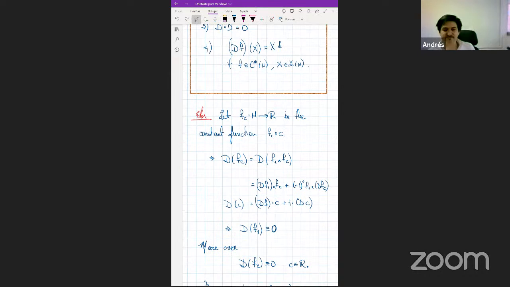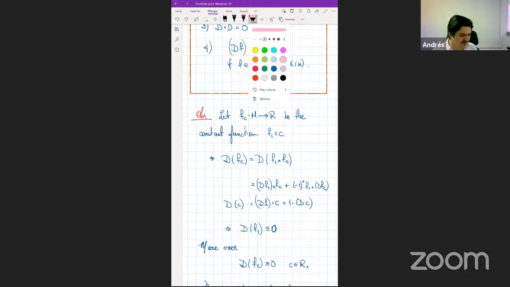So just from the definition of exterior derivative, we know the value on constant functions, which is 0. And that's more or less what we expect for a derivative, right? The derivative of a constant function has to be 0. So everything makes sense.